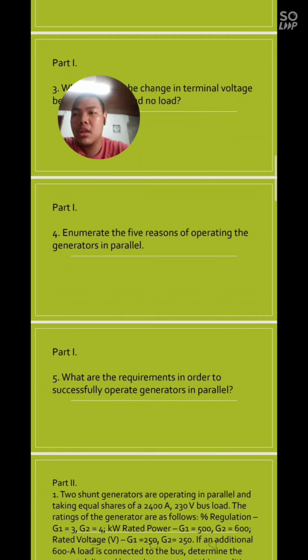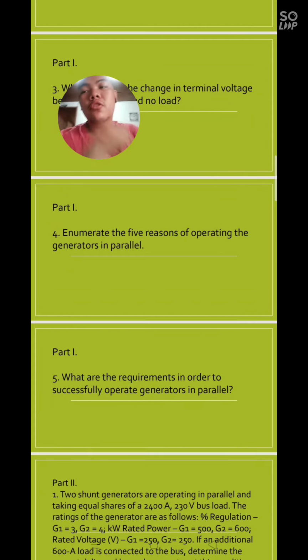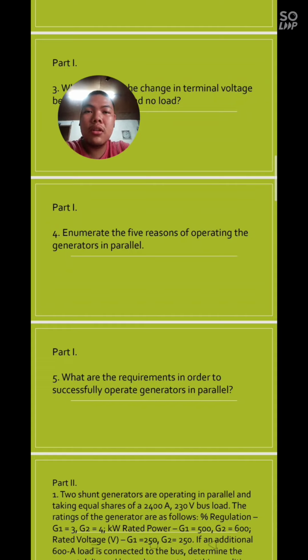Number 3, if there is a breakdown of a generator, there is no interruption of the power supply because there are many power supplies. Number 4, several alternators can supply a bigger load than a single alternator. The last one is when one of the machines is scheduled for maintenance, the other machines maintain the continuity of the supply.